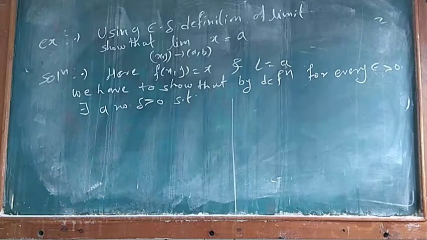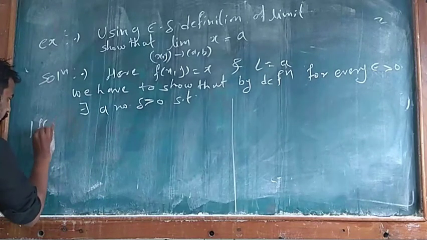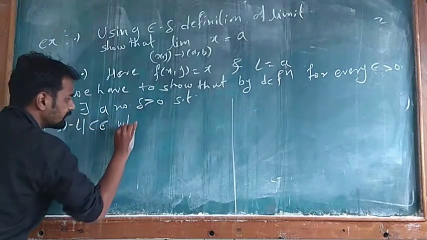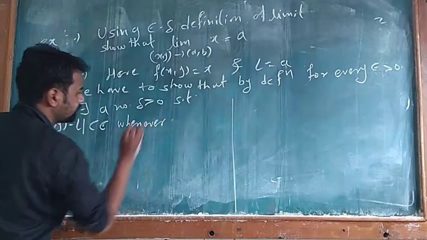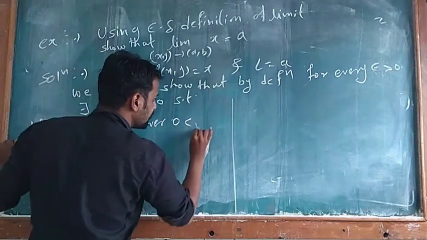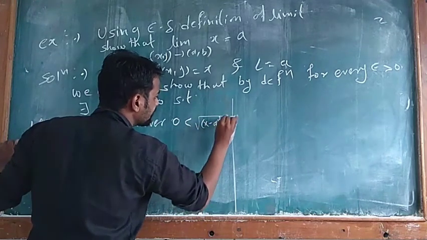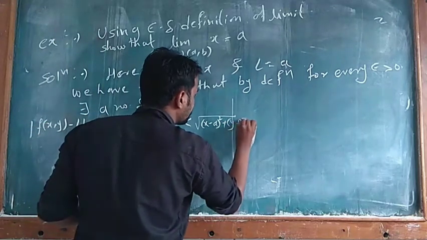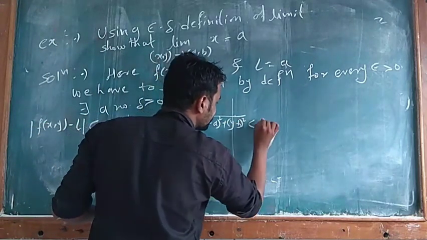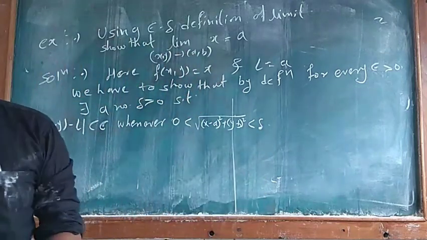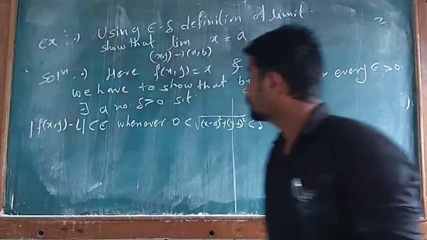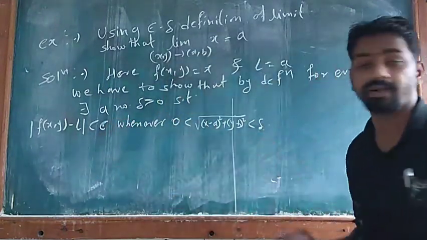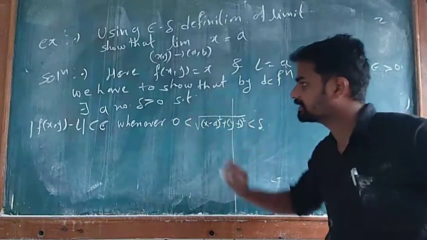mod of f of (x, y) minus L is less than epsilon whenever 0 is less than the square root of (x minus a) squared plus (y minus b) squared, which is less than delta. To show that for every epsilon greater than 0, we only have to find the value of delta satisfying this condition.